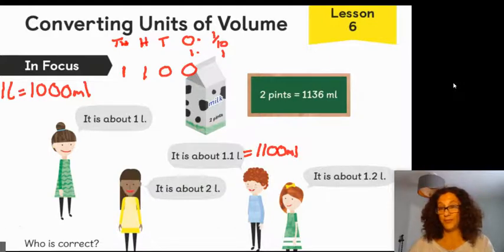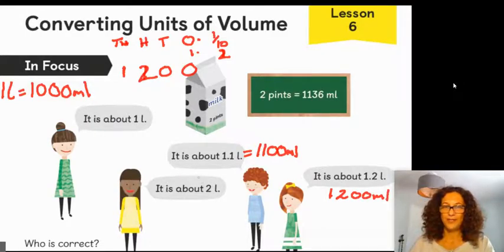What about 1.2? Well, I think if you know what 1.1 is, and we've changed that to 1,100, if I change that to a 2, what number is going to change here? Yes, you are right, because they don't change the order. So this is 1,200 millilitres.